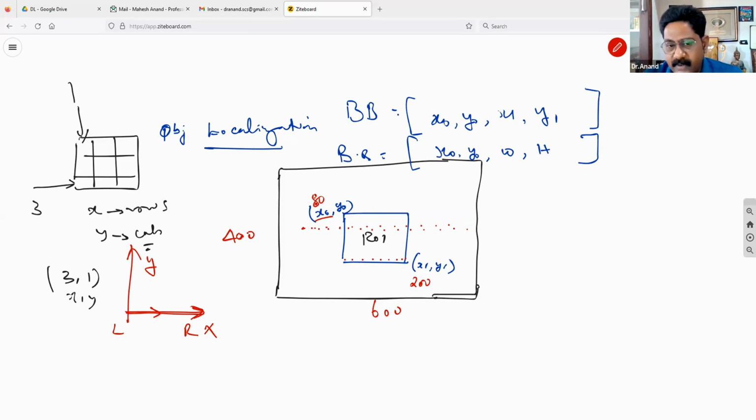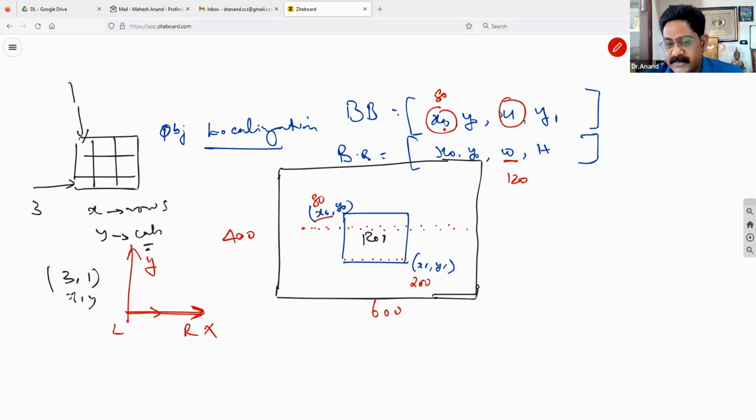So what is the width? 80th column to 200, so 200 minus 80 is 120, right? If I know the width as 120, I can easily compute this x1 coordinate, isn't it? Just by adding 120 to this x0. What is x0? 80.